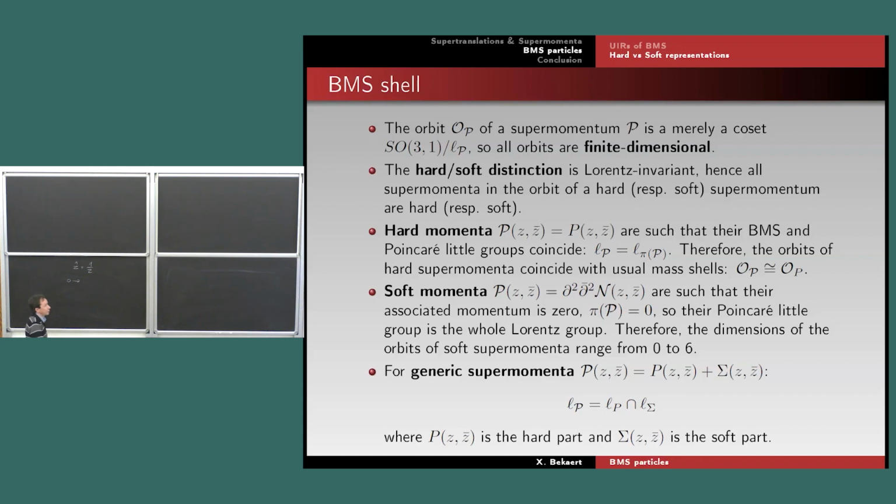So they correspond to this weird representation in the classification of Wigner, where the zero momentum representations are not interesting physically usually, since they are representations actually of Lorentz and not really of Poincaré. But here it's quite different. Here they are really physically important and distinct. And finally, there is the generic case where both the hard and soft parts are non-zero. And in that case, the little group is just the intersection of the corresponding stabilizers.